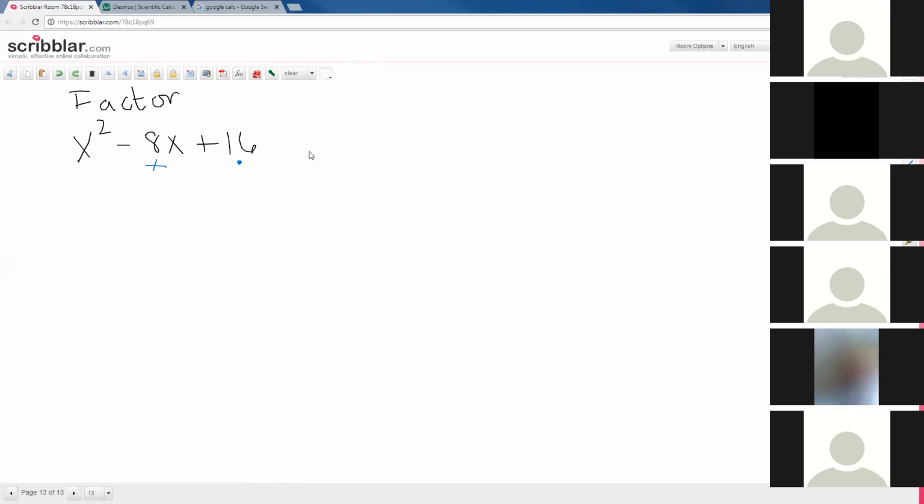So they can be any two numbers, they just have to fit those requirements. Two numbers that multiply to be positive 16 and two numbers that add to be negative 8. So what numbers would fit those requirements? What are two numbers that multiply to be 16 and also add to be negative 8?